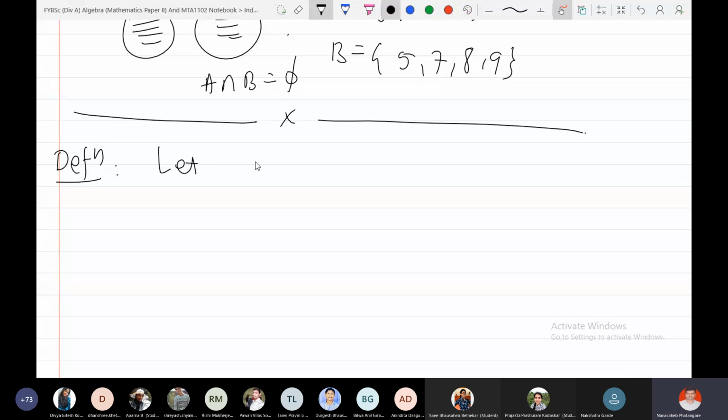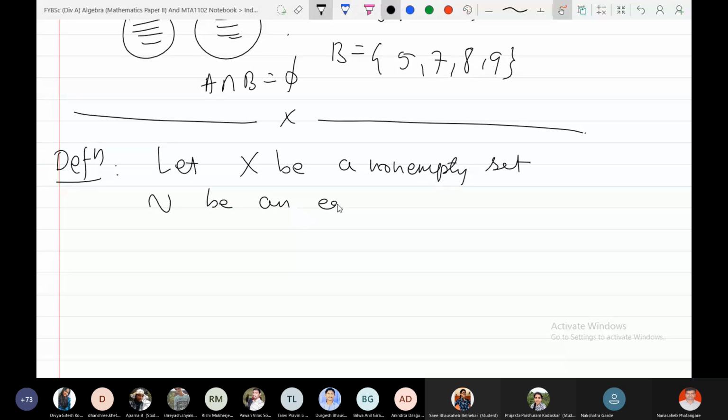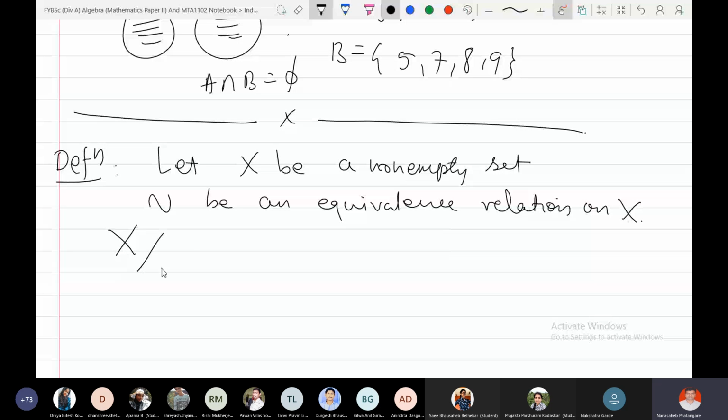So let X be a non-empty set, and let tilde be an equivalence relation on X, right? So X modulo tilde. What is this now?